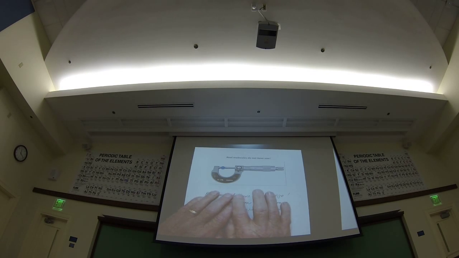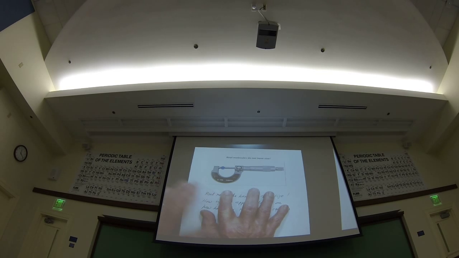Just imagine I have a molecule in my micrometer there and squeeze down on it and measure. We can't do that with molecules. We have to do it with these experiments that give us information in complex form, and we have to back the size out.